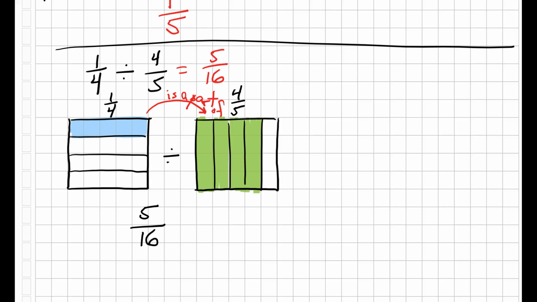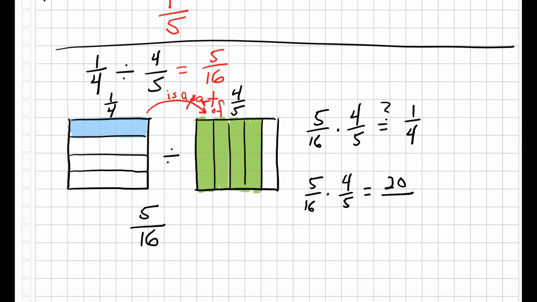Again, let's check it as we've done before. If 1/4 divided by 4/5 is 5/16, then 5/16 times 4/5 should be equal to 1/4. Is it? Let's find out. 5/16 times 4/5. I multiply my numerators, 5 times 4 is 20.